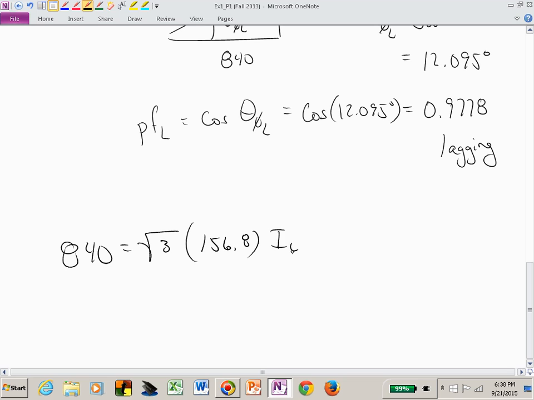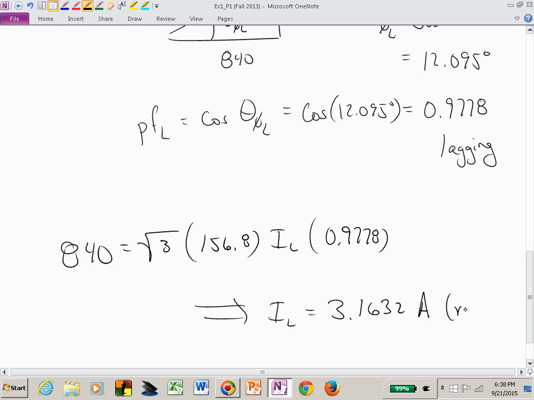I sub L, that's my transmission line current, and the cosine of the load. I can solve that now for the line current, and did I do that? This now becomes 3.1632 amps, and everything was in RMS, so that's in RMS, and that's just the magnitude of my line current.